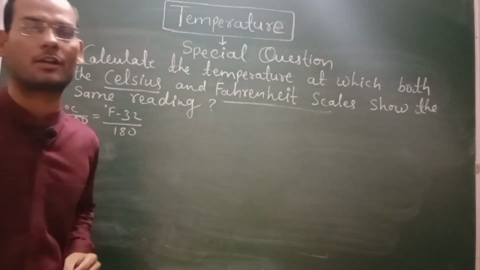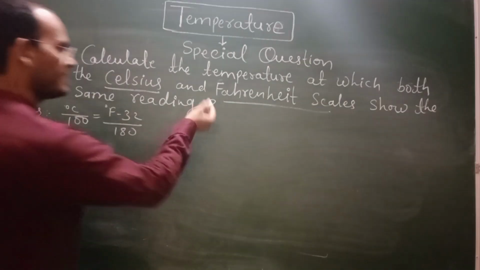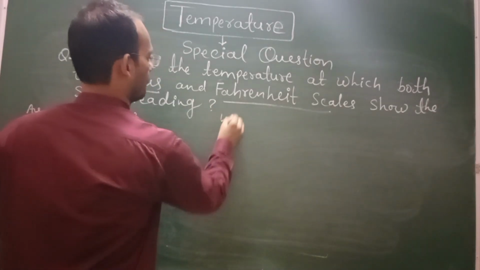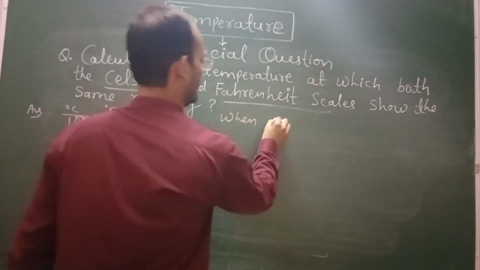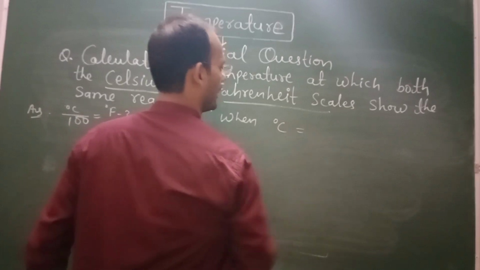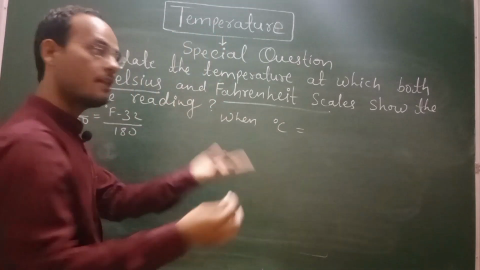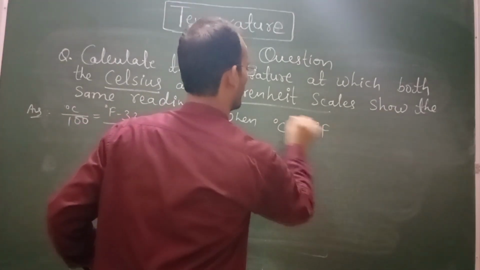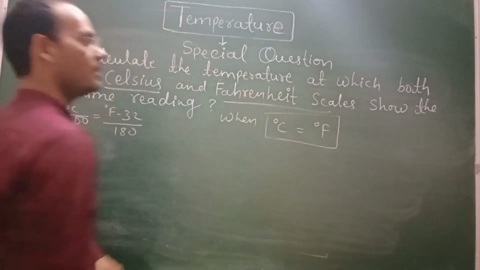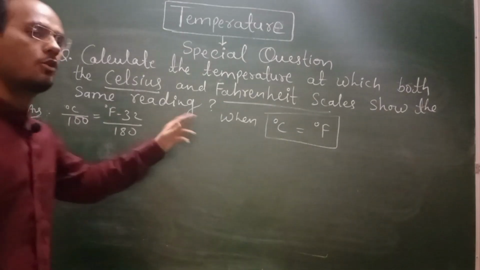So you have to calculate this type of temperature. We can say that when degree Celsius shows the same reading as degree Fahrenheit, this is the main clue of this question.